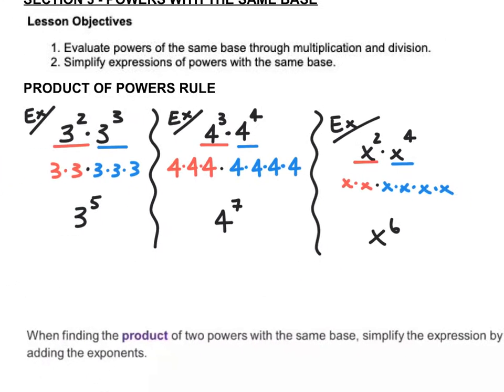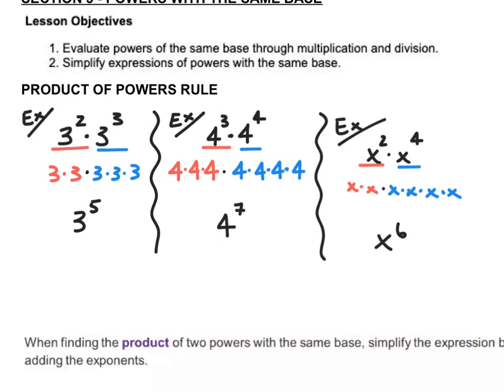So you're probably wondering, there's a pattern here. If I have the same base, here my base is 3, 4, and x, what do I do with my exponents if I'm multiplying them? If you look, what do you have to do from 2 and 3 to get 5? What do you have to do with 3 and 4 to get 7? What do you have to do with 2 and 4 to get 6?